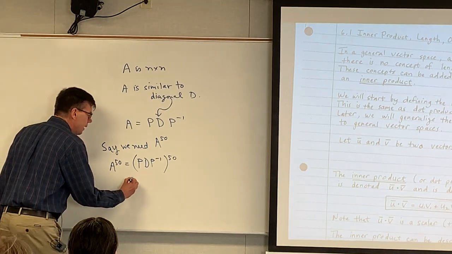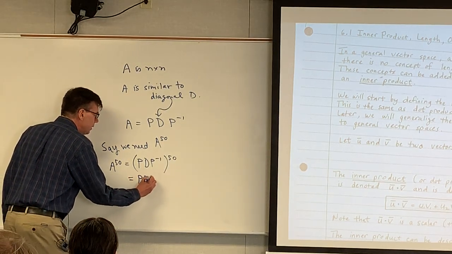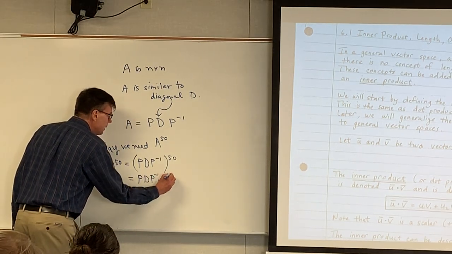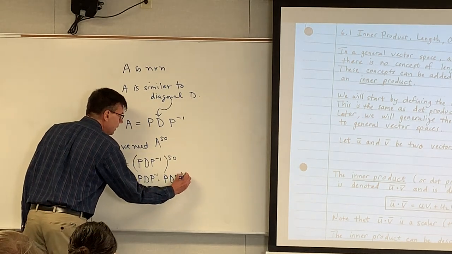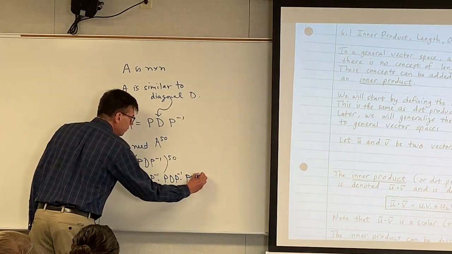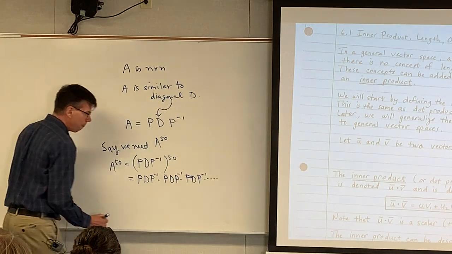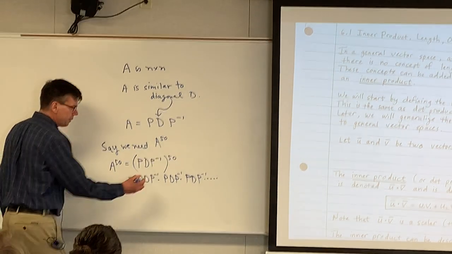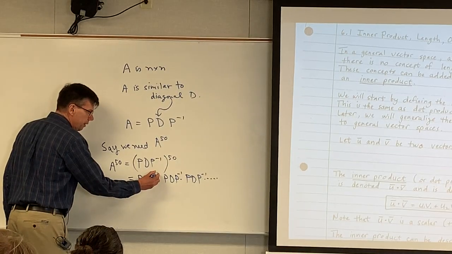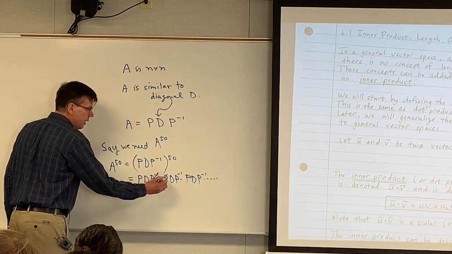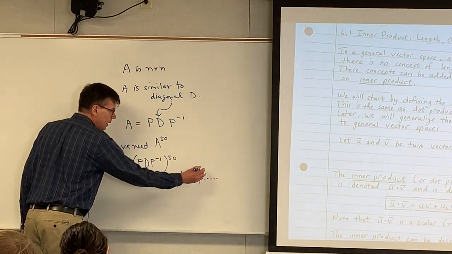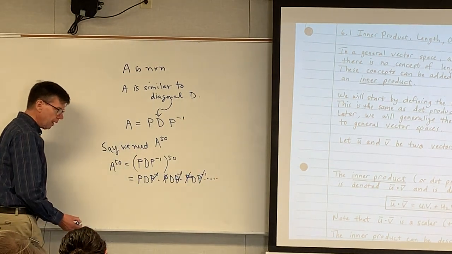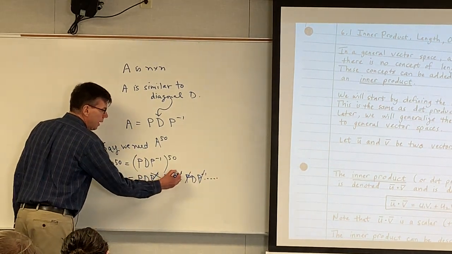But if you think of writing that out, P D P inverse times P D P inverse times P D P inverse, on and on till you get to 50 of them, there's this great simplification that happens. Because in the middle of this multiplication, you have P inverse times P over and over again down the line, and those all cancel out.